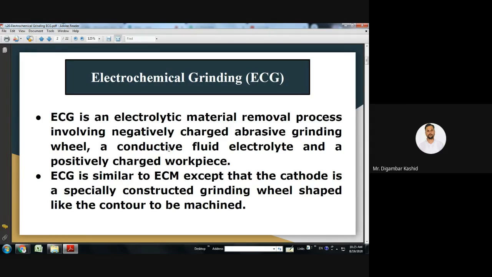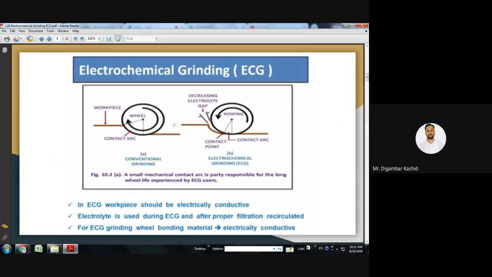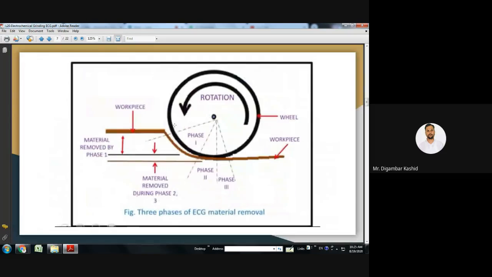Okay, I will show that diagram also. Now you can see here.